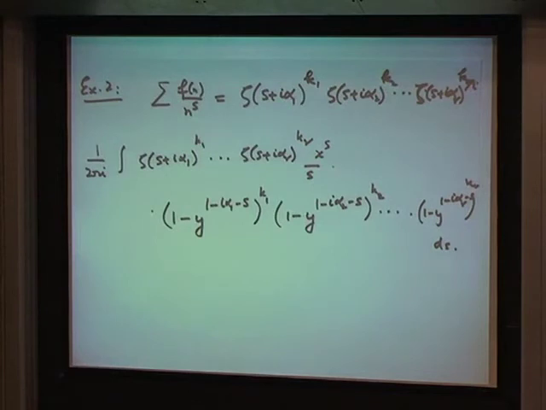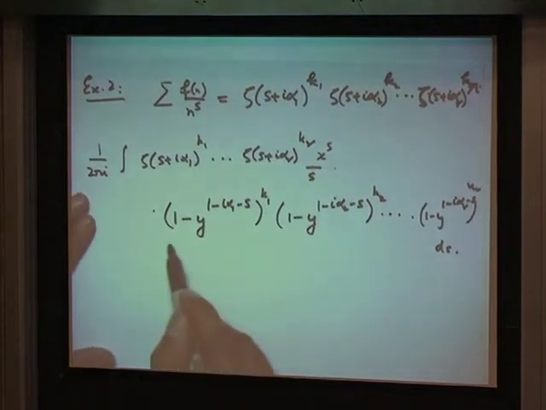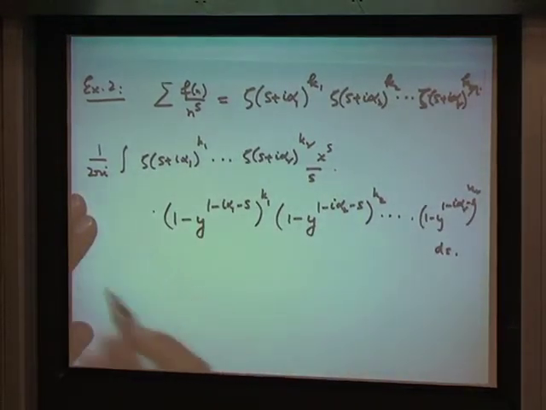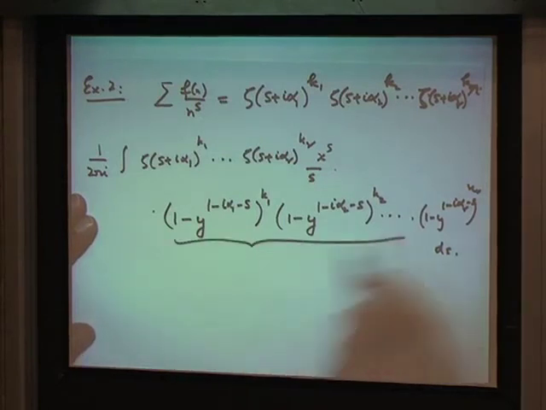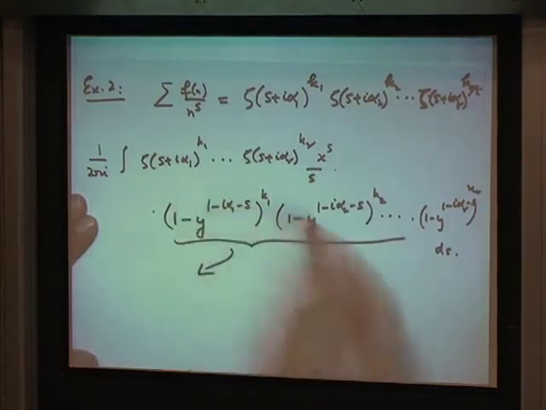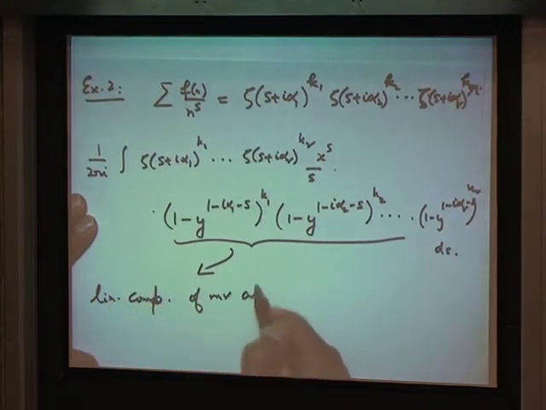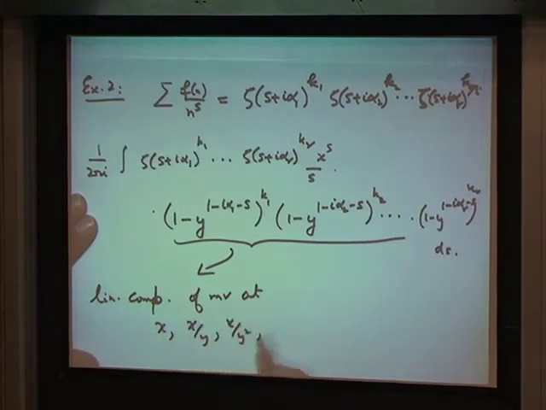So this is some object which I can now move lines of integration and show that this is small. But at the same time, if I expand this out using the binomial theorem, what I get is a linear combination: the right-hand side is going to be a linear combination of the mean values at x, x over y, x over y squared, all the way up to x over y to the k1 plus k2 up to kr.